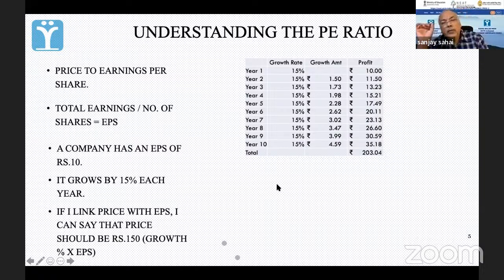So basically, you are getting 3 times of your capital, plus you are getting your dividends. So when we say that the PE ratio is a good thought when you want to invest, think of the PE ratio, and you can make this the basis of your investment decision. This is the logic.